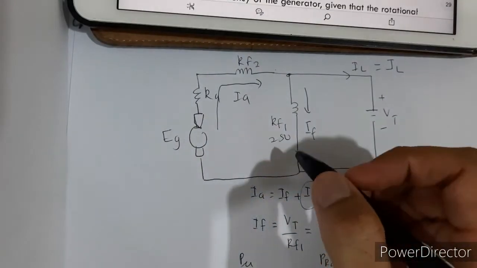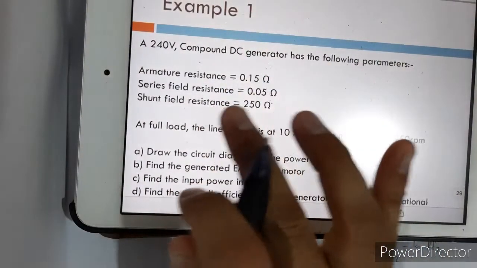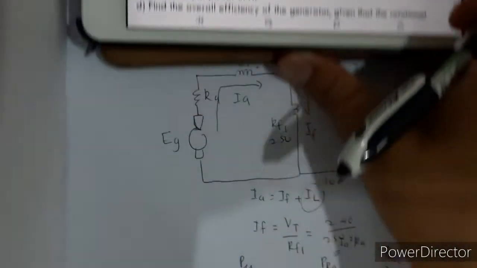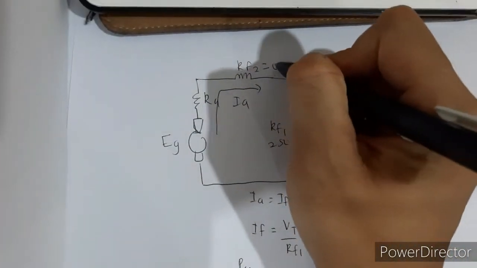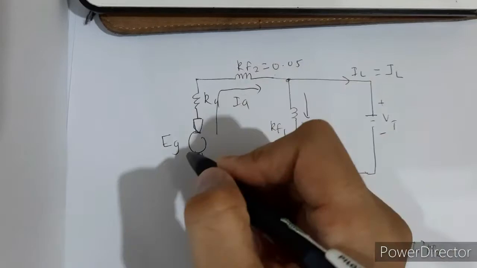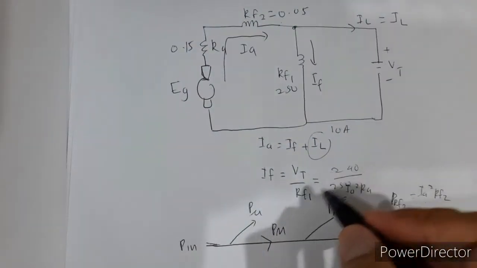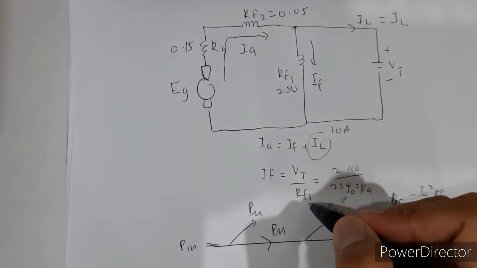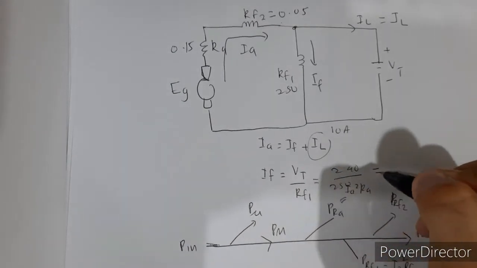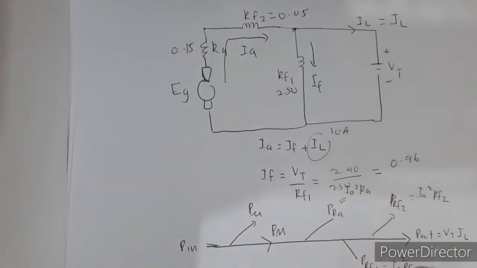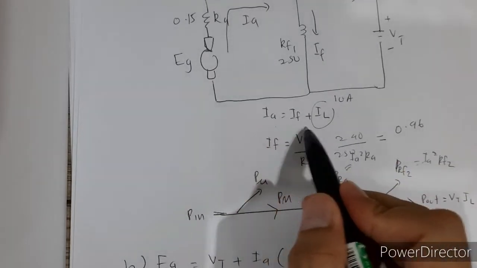And then the series field resistance, the field resistance in series with the armature circuit, is RF2, which is 0.05. Lastly RA given is 0.15. So you can determine IF by VT divided by RF1, so IF is 0.96, and then you want to determine IA.